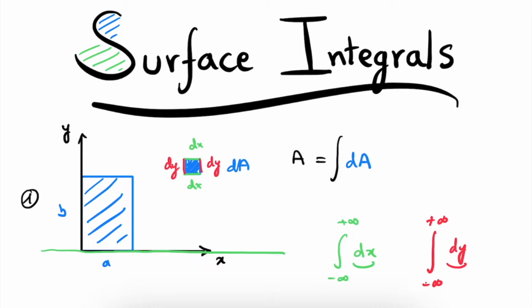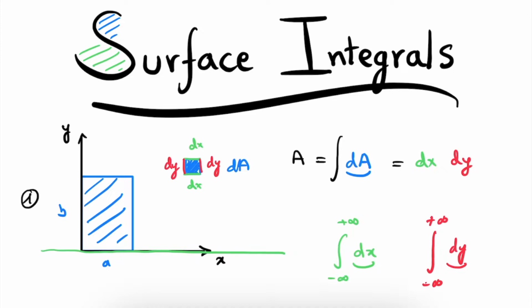So we see that we have a square here, dA, which is made up of lengths dx and dy. This gives us the information that the surface of dA is simply equal to the length dx multiplied with the length dy, because that's the surface of a square with length dx and dy.